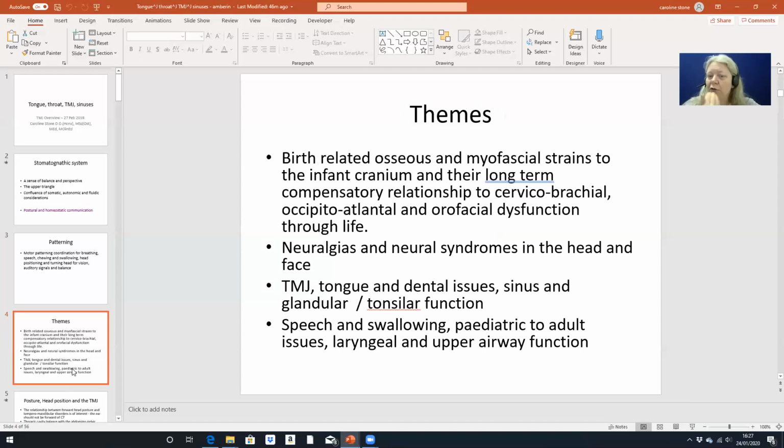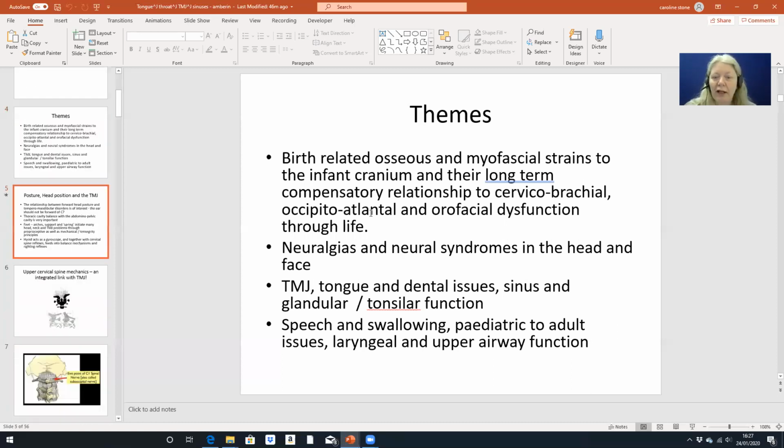There are definitely some neuralgias and neural syndromes in the head and face, but all the bog standard TMJ pain, tongue, dental issues, sinuses, glandular and tonsil function, but also the dynamics of speech and how speech is different from the pediatric patient to the adult patient to the geriatric patient, and so is swallowing. Pediatric swallow is quite different to the adult swallow and so on, and how this whole interrelationship between larynx and upper airway function is really intriguing.